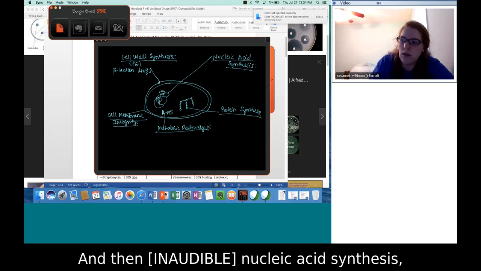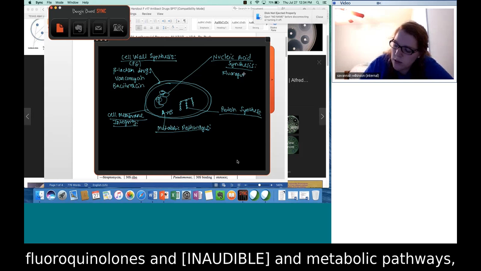And then vancomycin, and bacitracin. Nucleic acid synthesis: fluoroquinolones, and rifamycin.